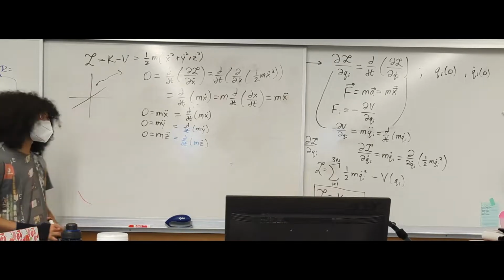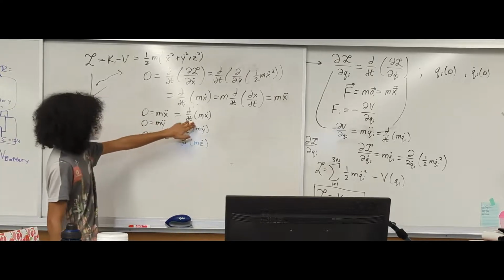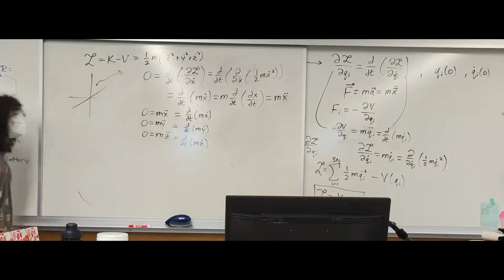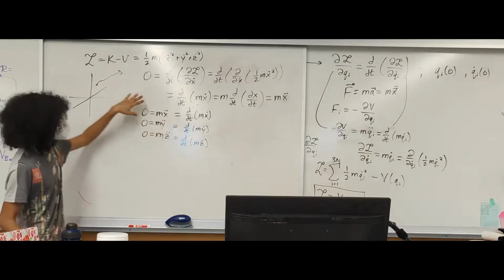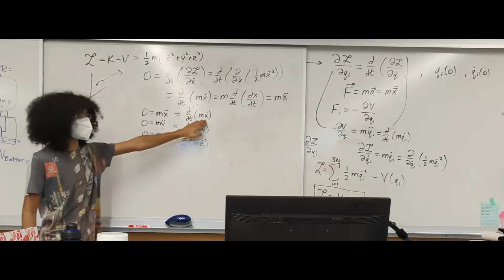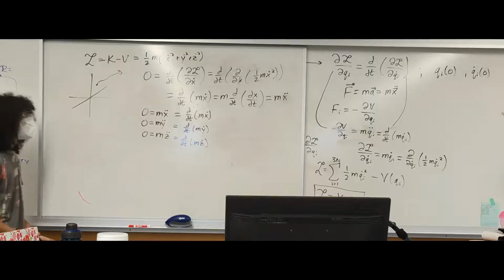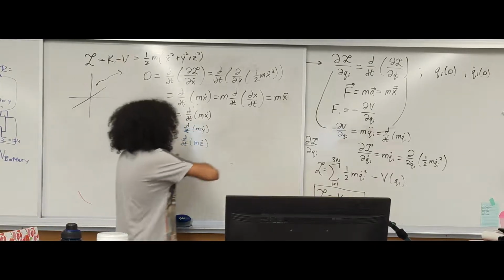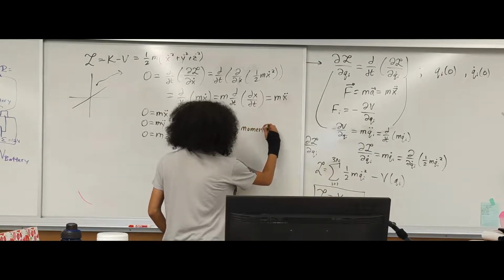Momentum. Exactly. So we have 0 is equal to the time derivative of the momentum in that direction. So if you have the derivative of something equals 0 for all time, what does that mean about that thing? Constant. Exactly. So if each of these are constant over the whole time, what this is saying is that the momentum is conserved.